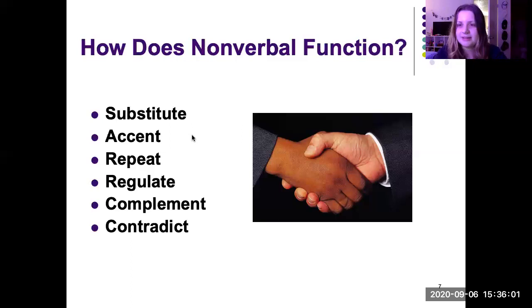And like I said, go back to the book, because some of these can get very similar, especially accent and complement, which are the hardest ones to distinguish.